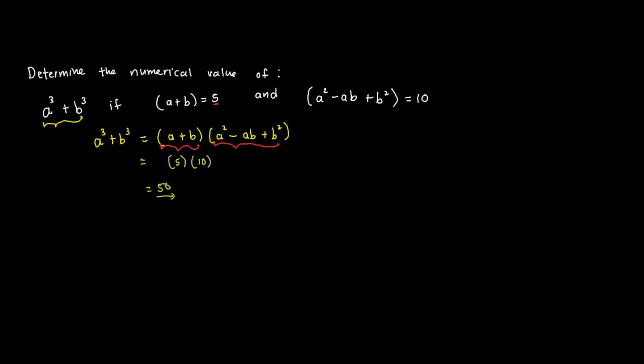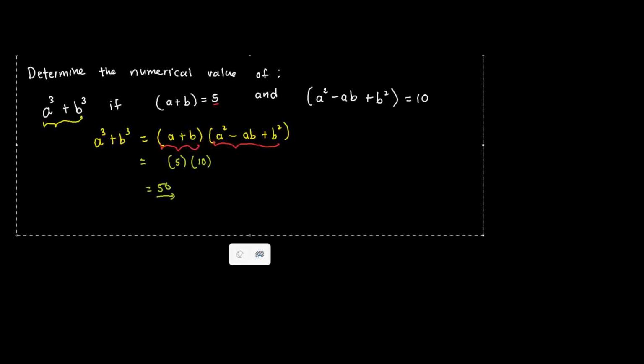Let's do one more example on determining the numerical value when given certain expressions that have numerical values to them. So let's look at example 2 with regards to determining the numerical value.